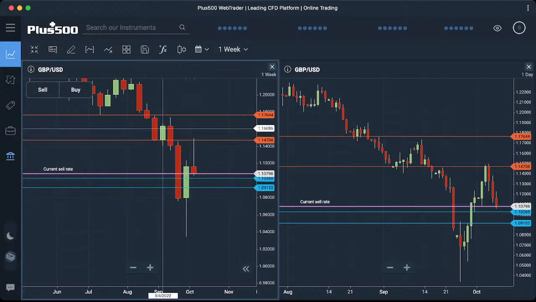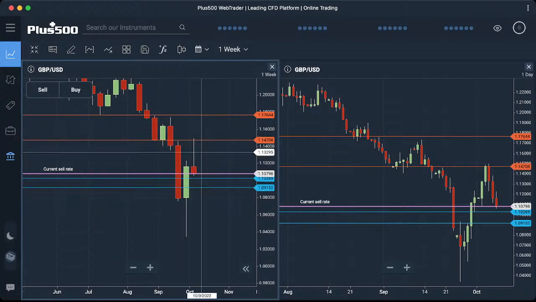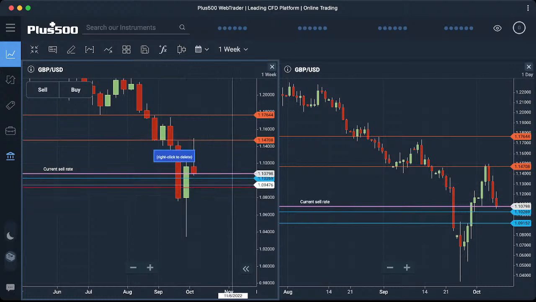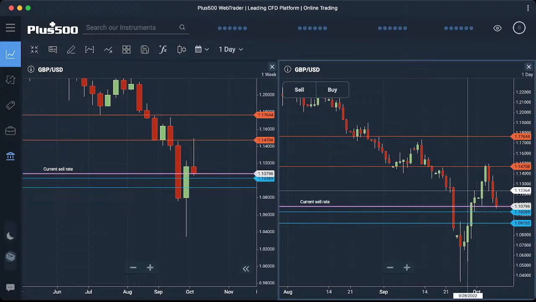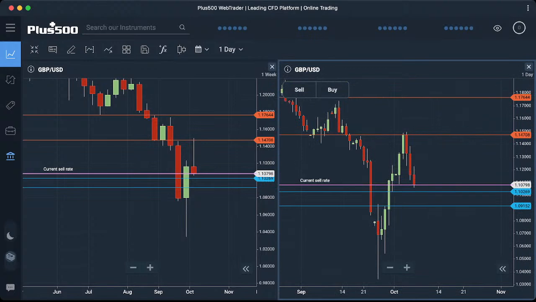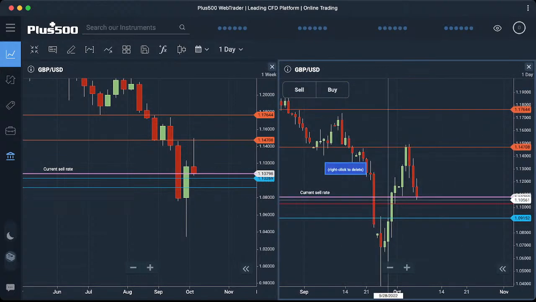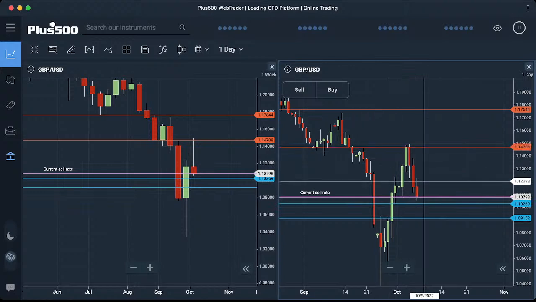So the price action, you can see it moved to the upside. It retested this bearish order block in the weekly, and it got rejected. You can see how price got rejected from this weekly bearish order block, and it moved to the downside.